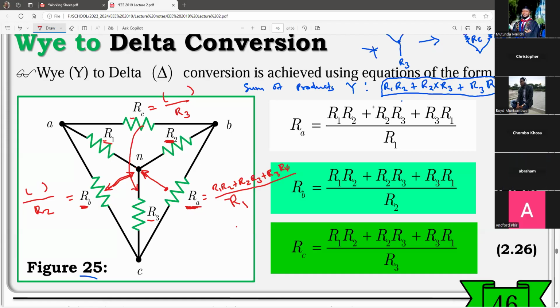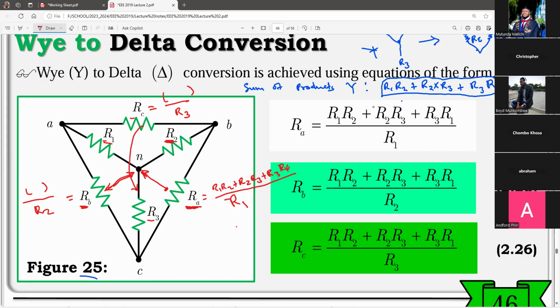They are trying to move from delta to star, but they are using these expressions 2.4, 2.5, 2.6 when they are moving from delta to star. Or someone is trying to move from star to delta, and they use the equations that we discussed in the previous slide. So I don't know how, as an individual, you can really pick these expressions so that you don't mix the two at all.